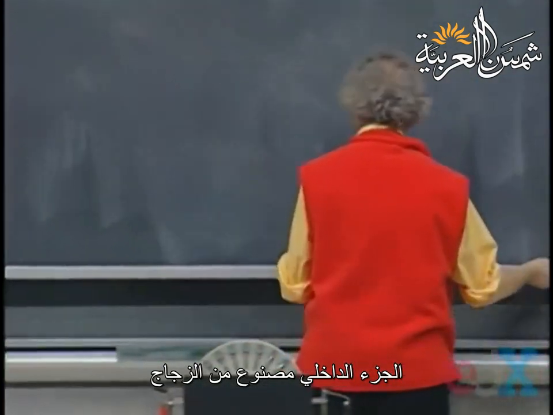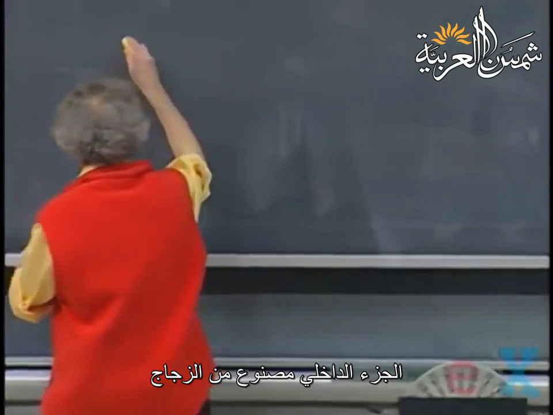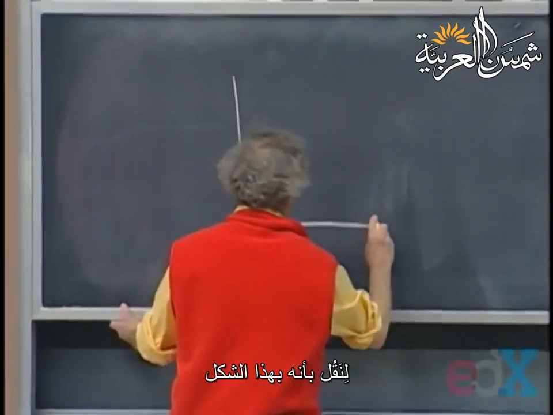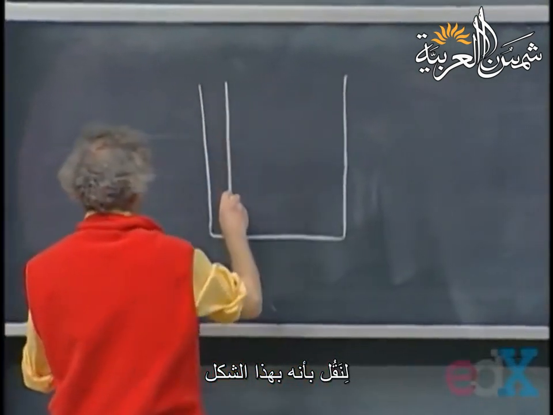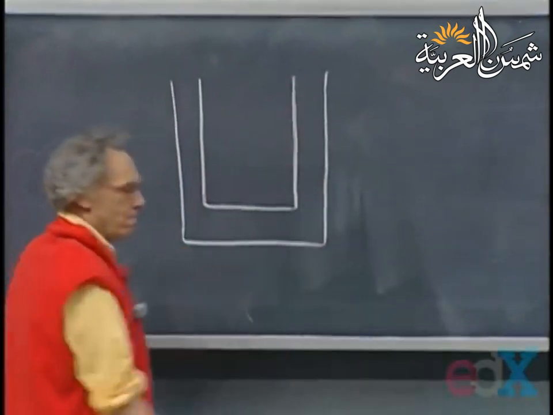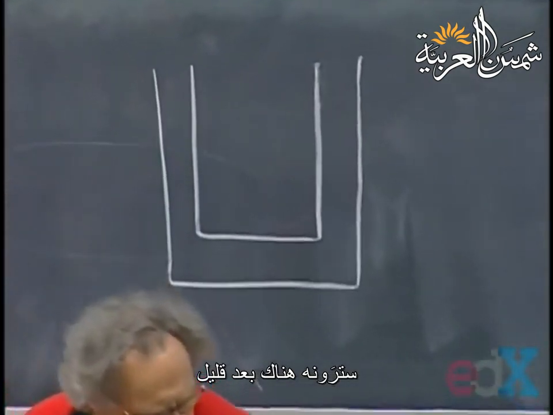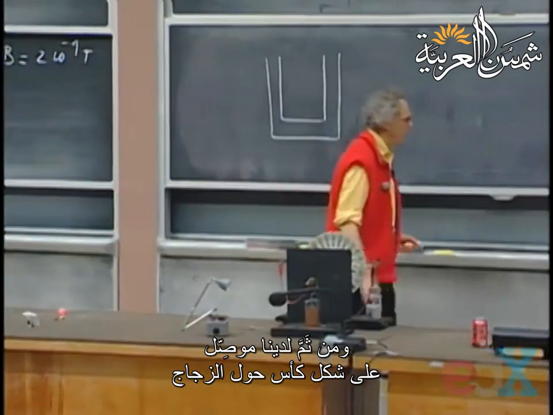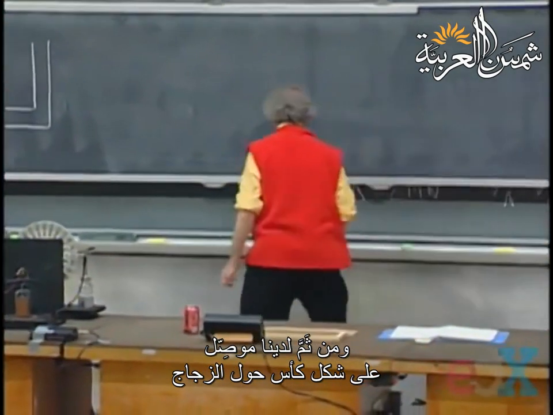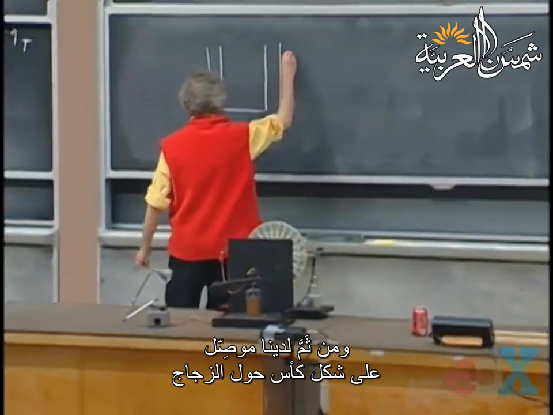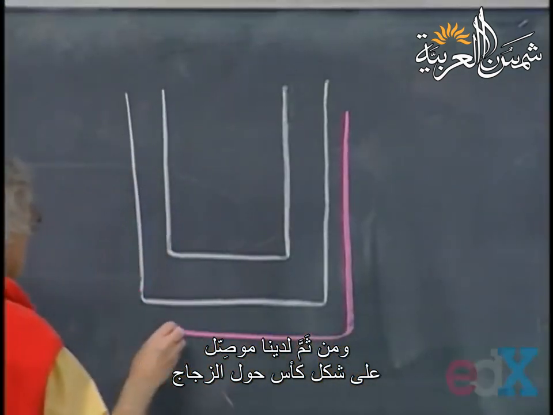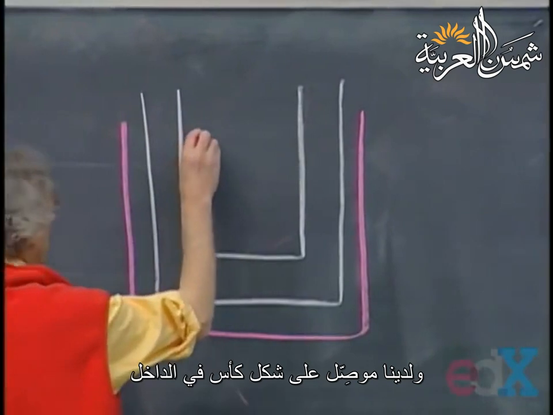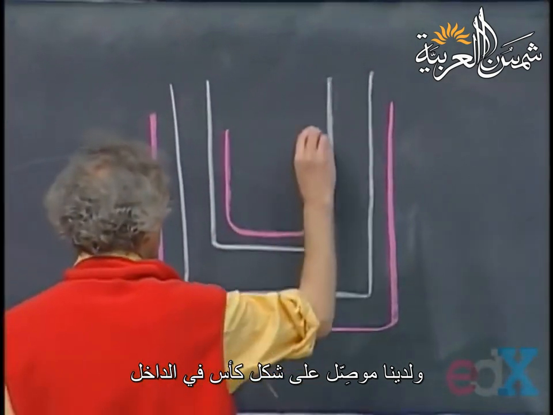And so the inner portion, which is glass, say has this shape. You see it there. You're going to see it shortly. And then we have conductors, a conducting beaker around it here, and we have a conducting beaker on the inside.